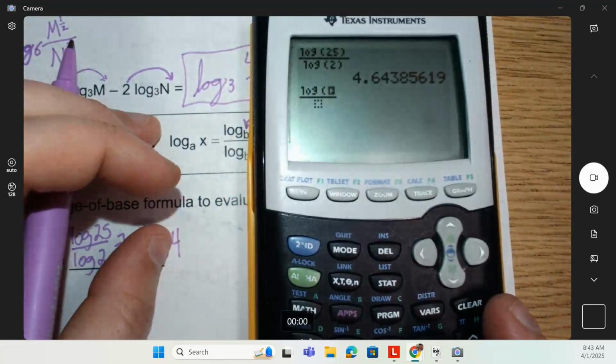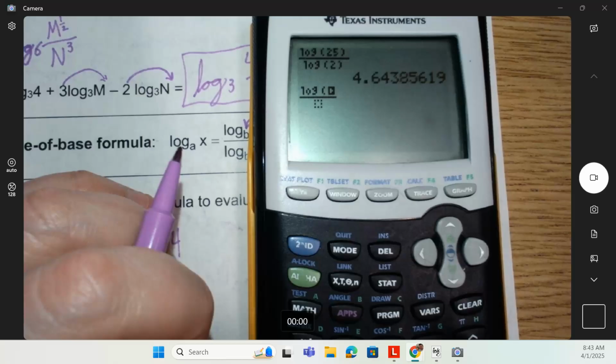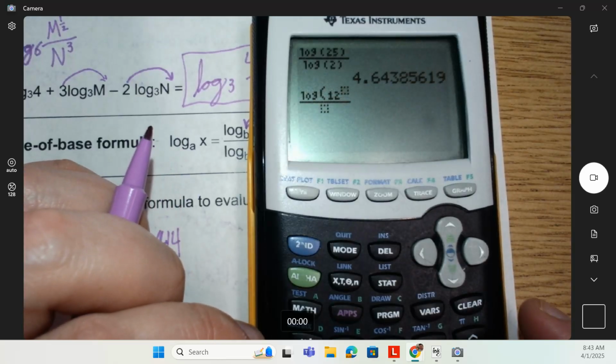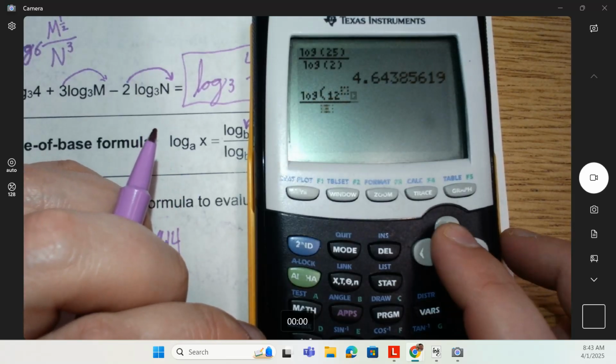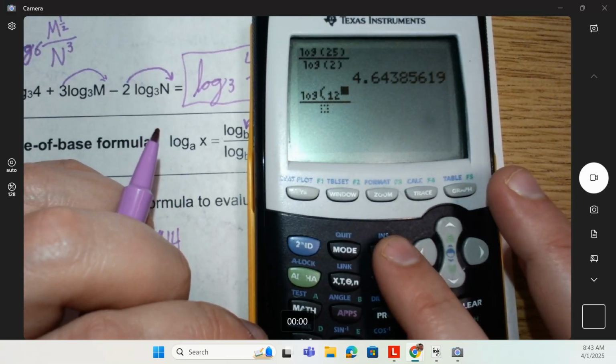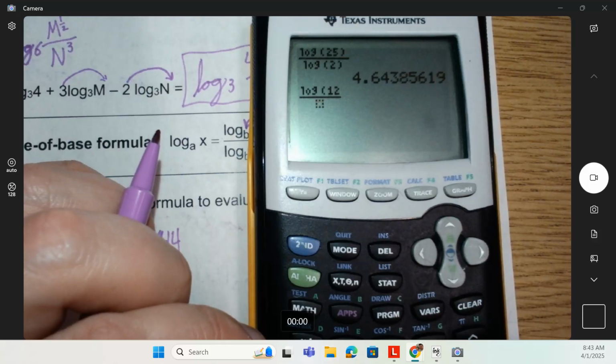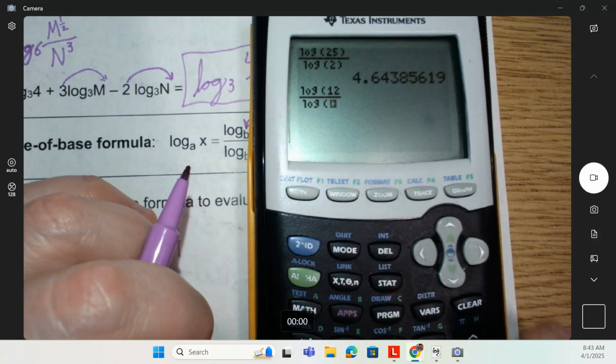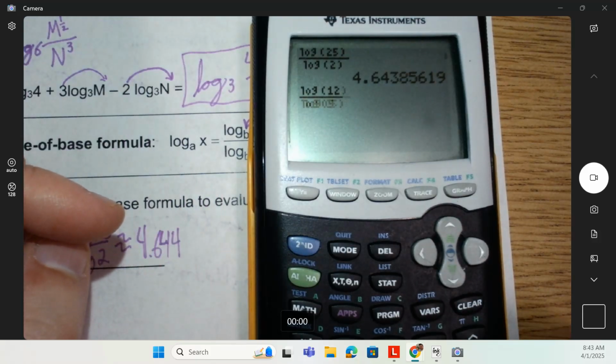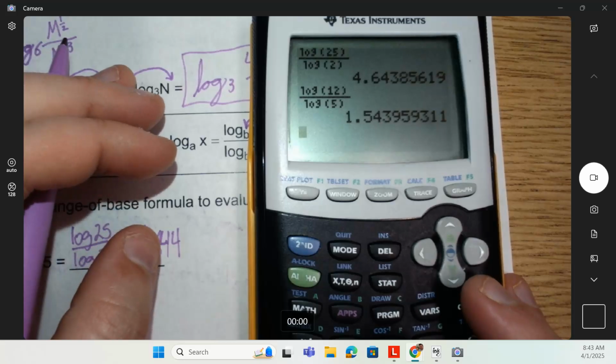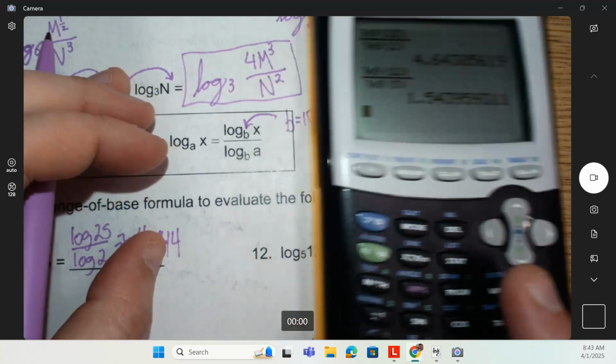So doing the log of 12 over, I'm going to have to delete that, over the log of 5, and I get 1.544.